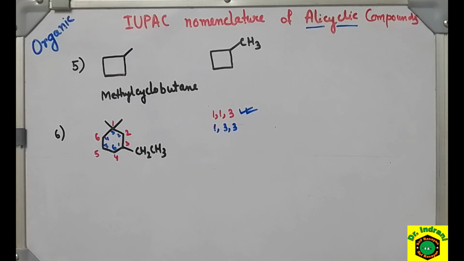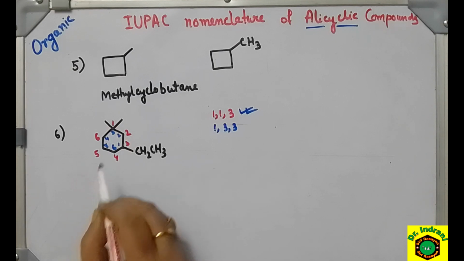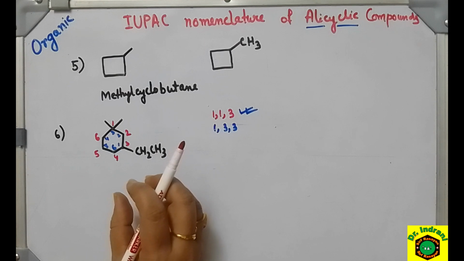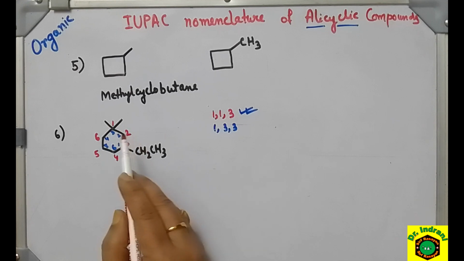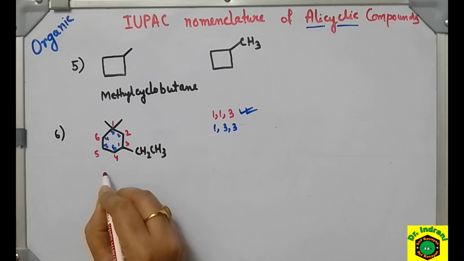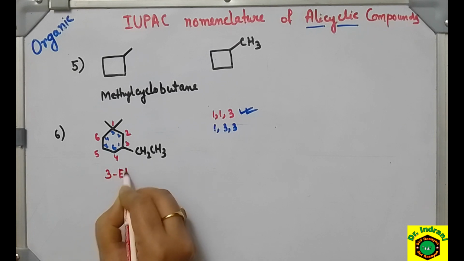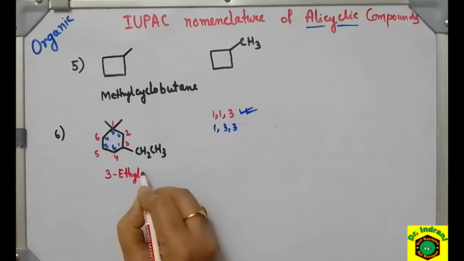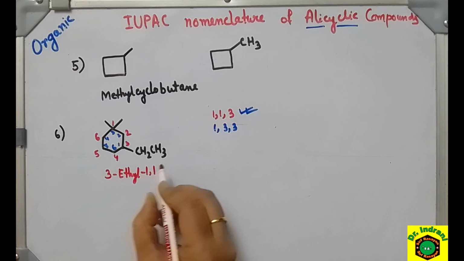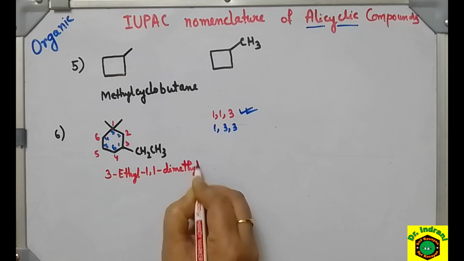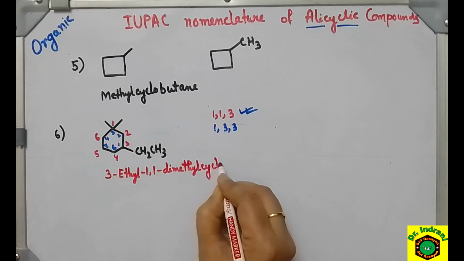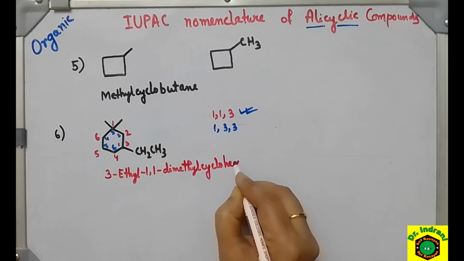Now what will be the IUPAC name of this compound? We have to follow that red numbering. Now you have to give preference for alphabetic order. This is ethyl, this is methyl. So E comes before M. Obviously the name of the compound will be 3-ethyl, and at position 1, 2 methyl groups are there, dimethyl, cyclohexane.